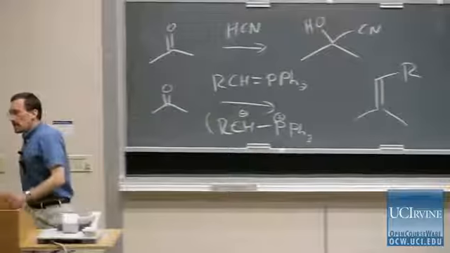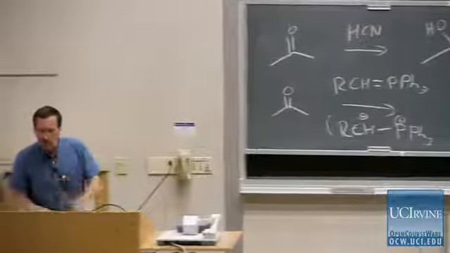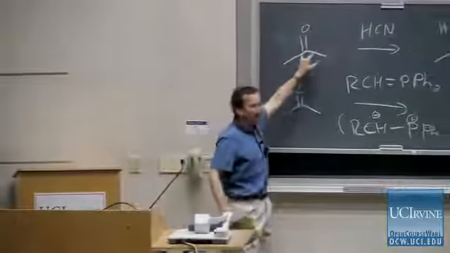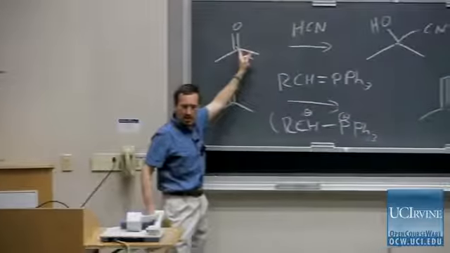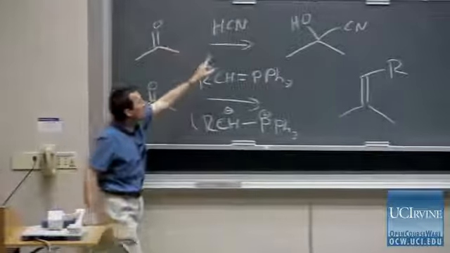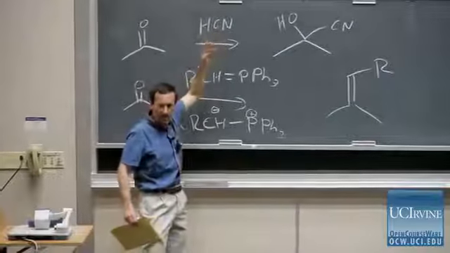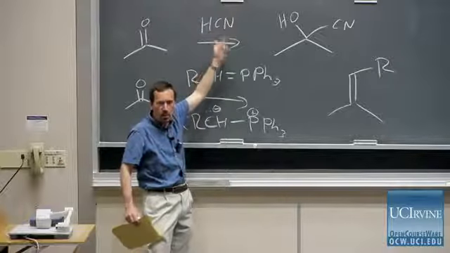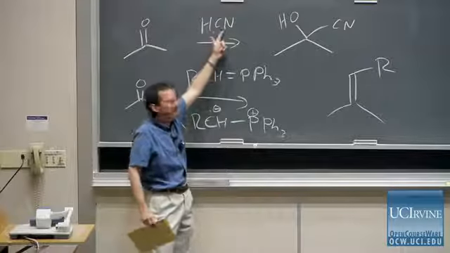Now, what these reactions set the stage for is the idea that nucleophiles like to add to the carbonyl group. We see that hydrogen cyanide, we can think of it as dissociating to H+ and CN-, or in water, H3O+ and CN-.